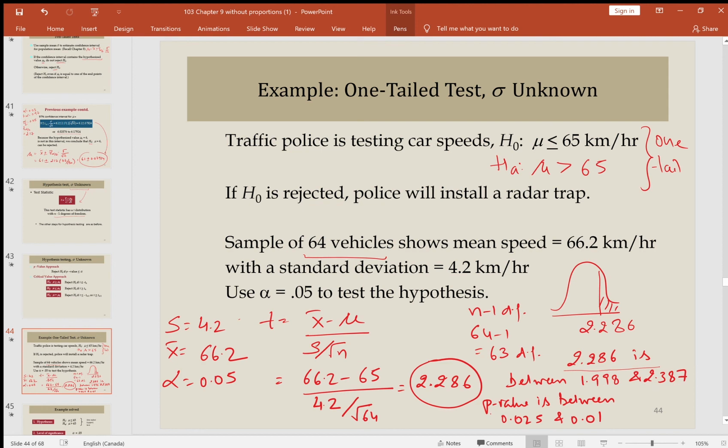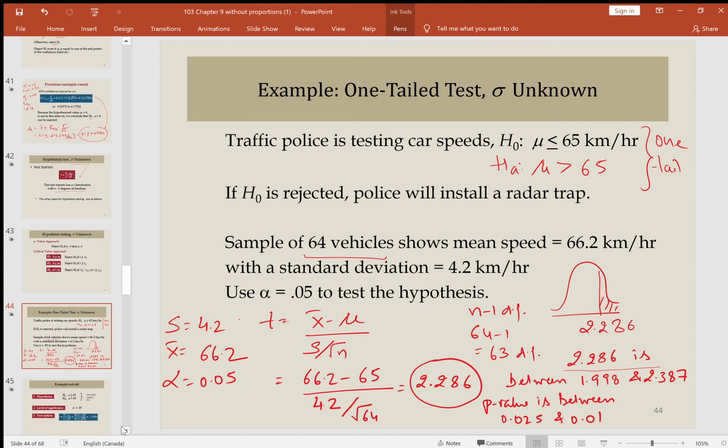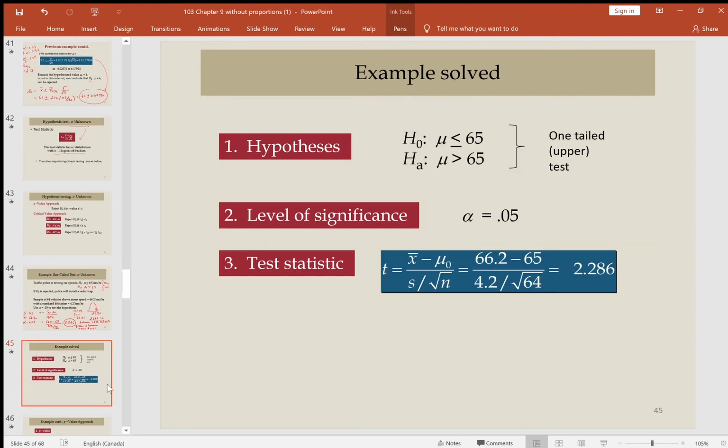therefore the probability, which is the p-value, because of a one-tail test, remember in a one-tail test p-value is equal to 1 times the probability, so p-value is between 0.025 and 0.01 if you look at the top of the table. Okay, so we don't need to find the exact p-value, and I'll tell you why.